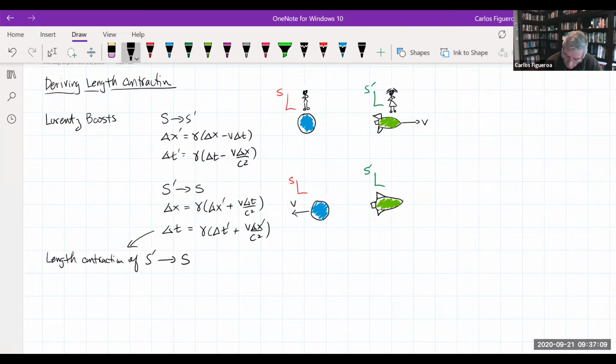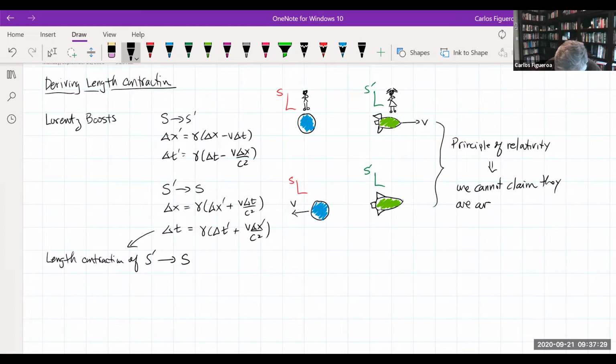The important thing here, of course, is that when I look at the principle of relativity, one cannot claim that they are at rest or constant velocity. You cannot state that. The two systems are absolutely symmetric between each other here.